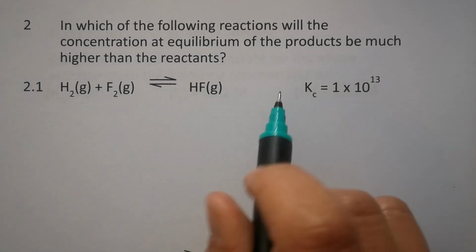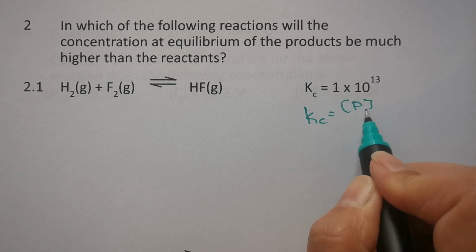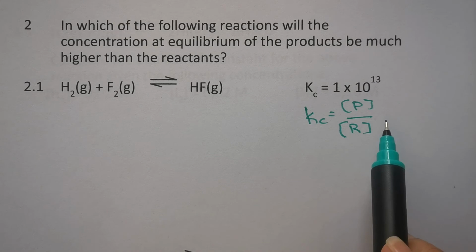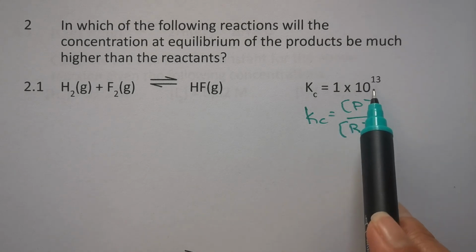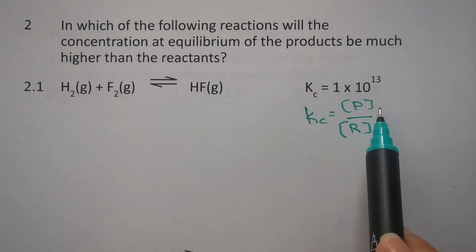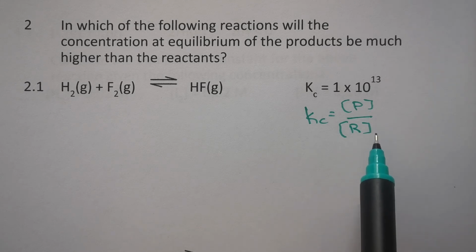If you think of Kc being equal to products over reactants, in terms of our rules for a fraction, in order to get a big number like this, my numerator needs to be quite big. Yes, my numerator needs to be much bigger than my denominator in this particular instance.